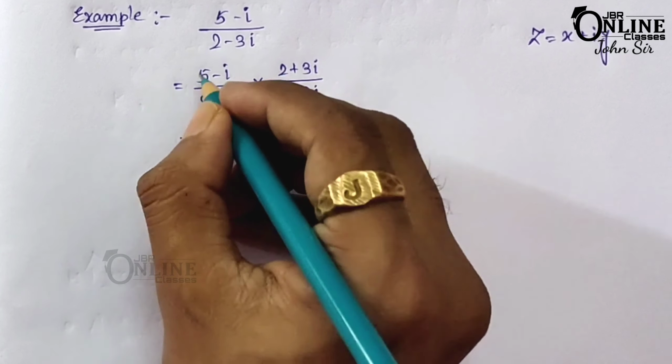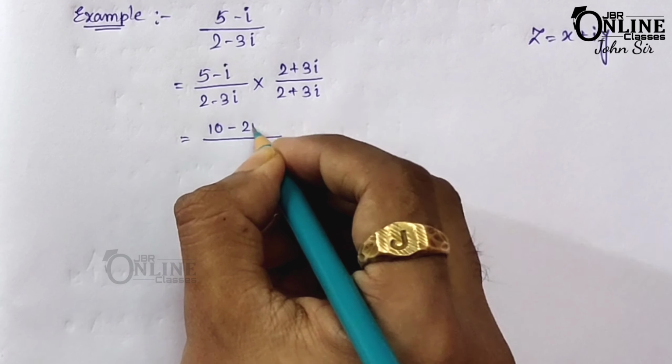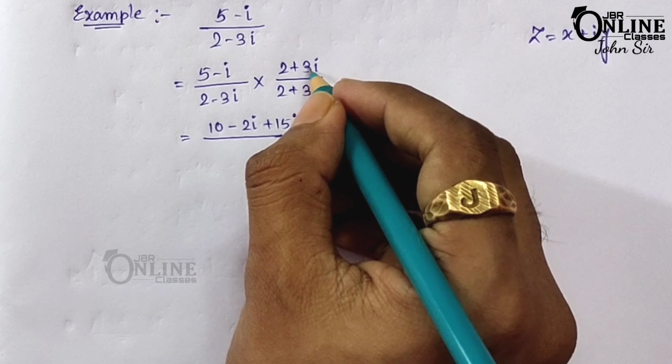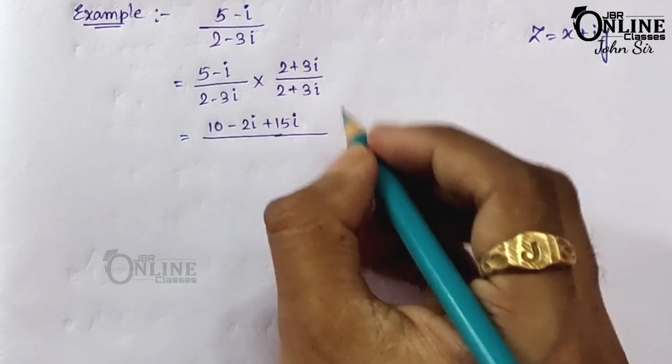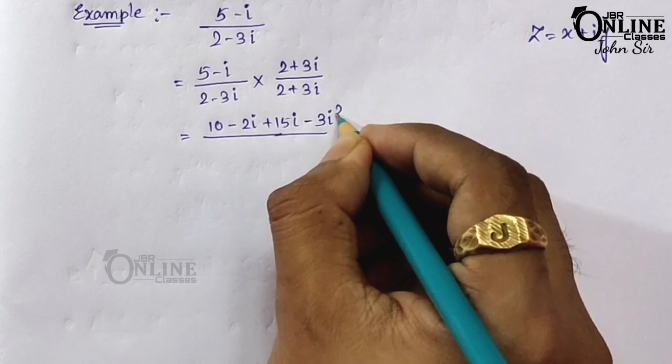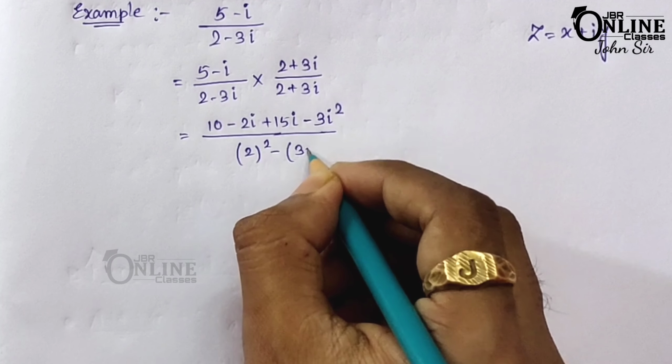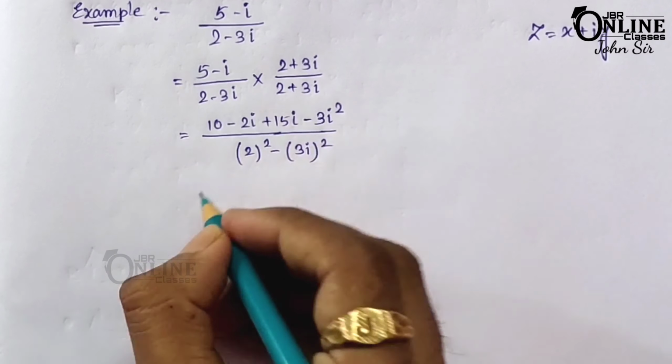The upper one will be 2 into 5, 10, then minus 2i, then plus 15i, and the last one will be minus 3i square. In the lower one it will be 2 whole square minus 3i whole square.